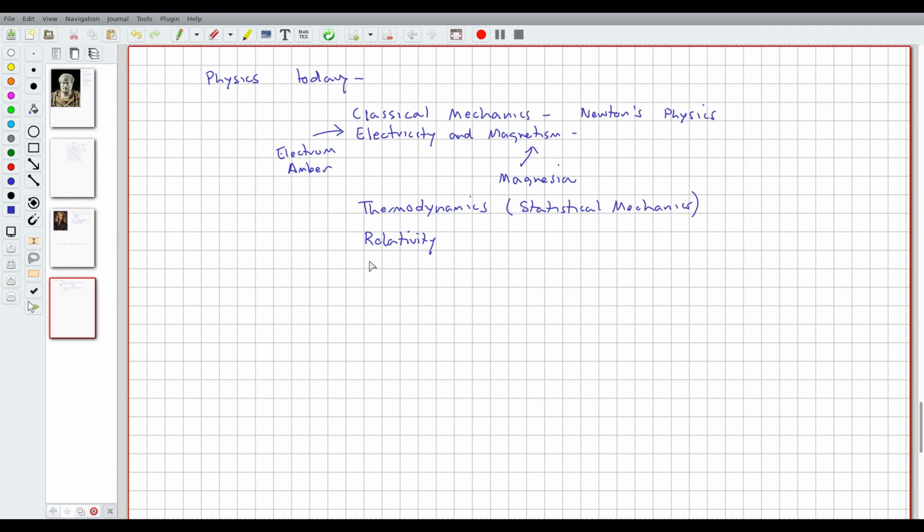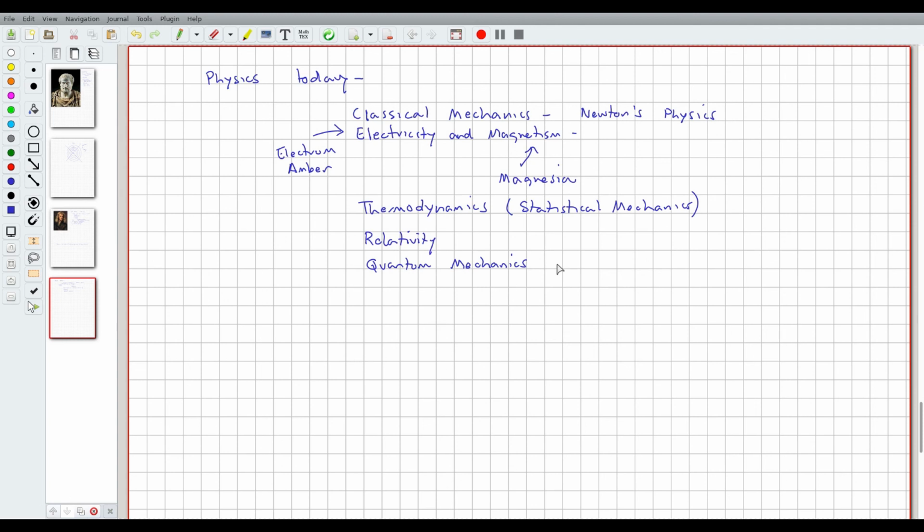And lastly, but certainly not least, you have quantum mechanics. Now, quantum mechanics is what happens when you take a look at the behavior of atoms and molecules and things that are even smaller than that. The physics that happens there looks a little bit like classical mechanics, but it doesn't.